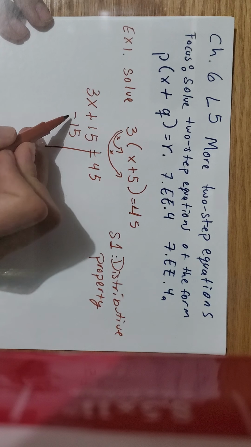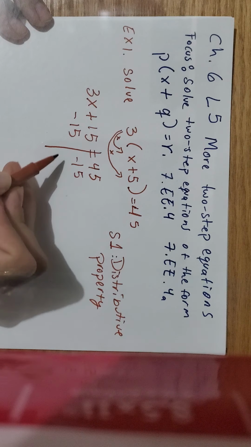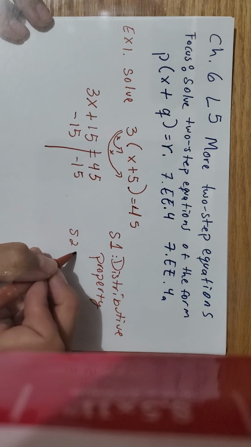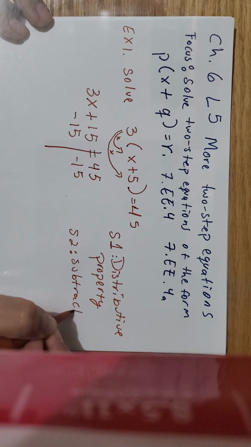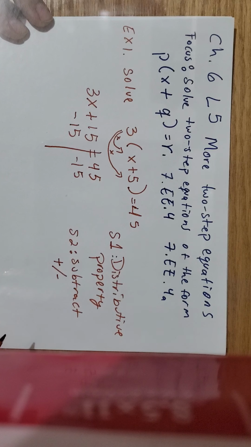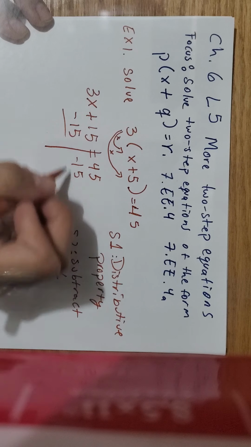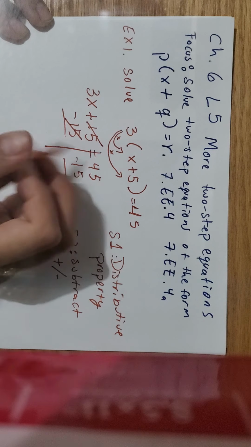So instead of plus is a subtraction, minus 15, you have to do balance and check, which means that you have to do it to the left and right. So step 2, subtract, because the opposite of plus is negative. And then step 3, okay, so this means it's gone because plus 15 minus 15 is 0.